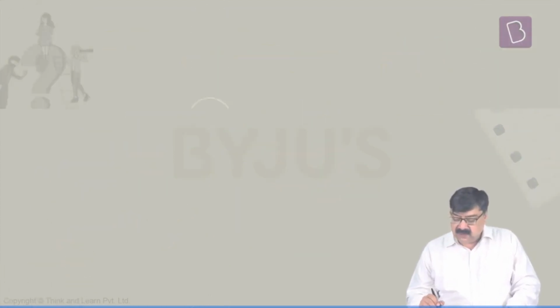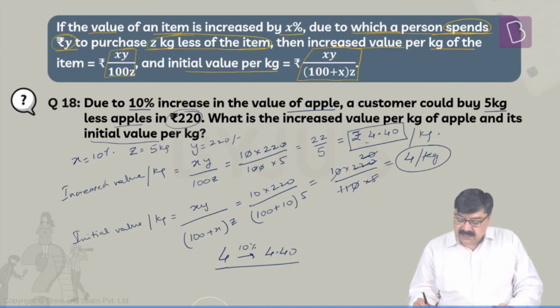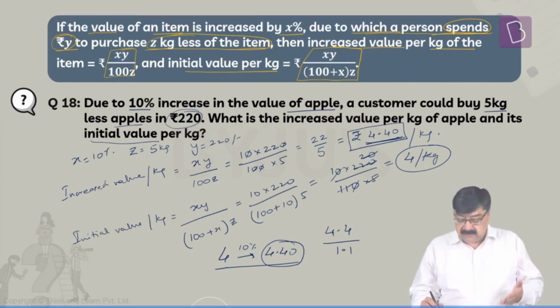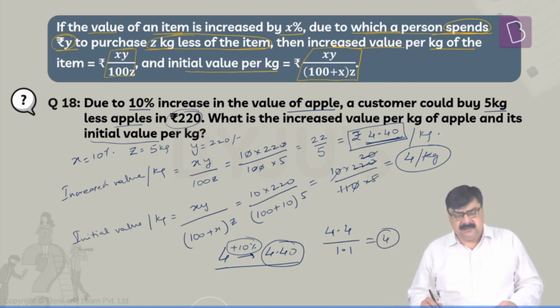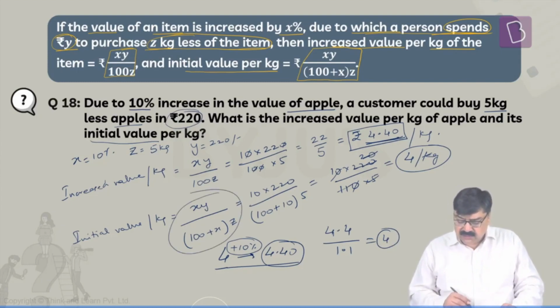Now, similarly, if you look at the previous slide, when we got rupees 4.40 per kg here as the increased value, then the initial value can also be found out by using 4.4 divided by 1.1 because there is a 10% increase. All right, so then also you will get the initial value as rupees 4. So maybe you may never want to use this formula, but still, if you feel comfortable, please go ahead.